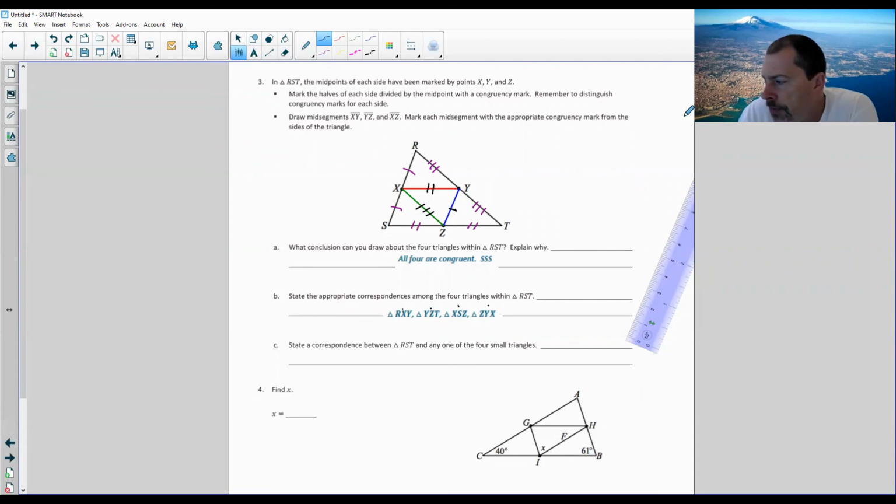Okay, part C. Okay, so this says RXY, RST. So all they're doing is picking one of the four from up here and comparing it to the original.